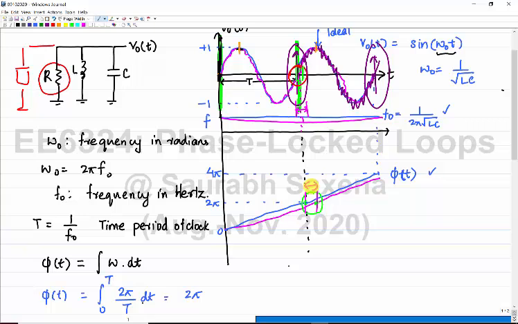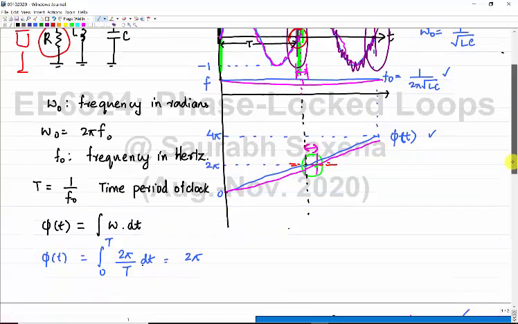Both of them have 2 pi values at this edge point, but the separation between the two is proportional to the timing error between the zero crossings. So this particular value is going to be 2 pi times delta t, the timing error relative to the reference time period which we used for the phase.